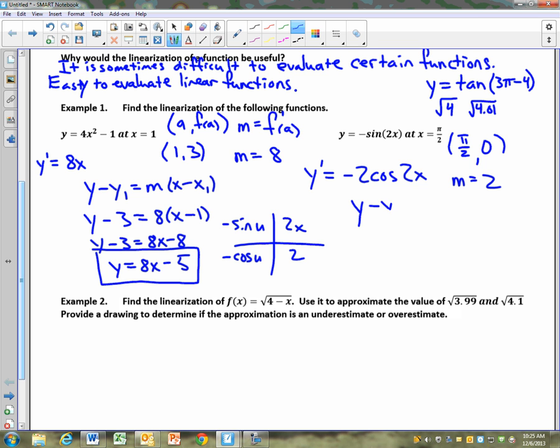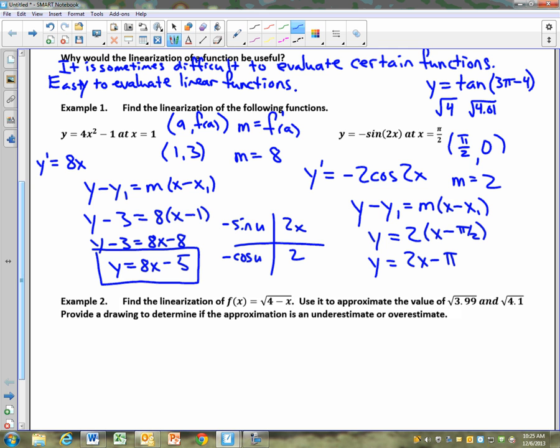Y minus y1 equals m times x minus x1. And we get y minus 0. So you just have y is equal to m, which is 2, times x minus pi over 2. Or y is equal to 2x minus pi.